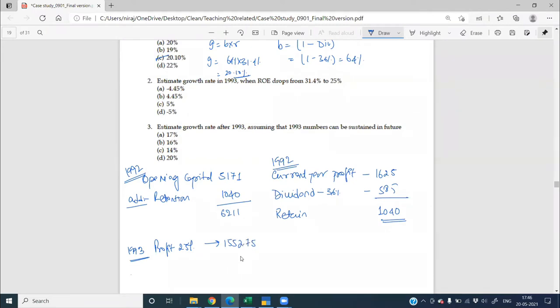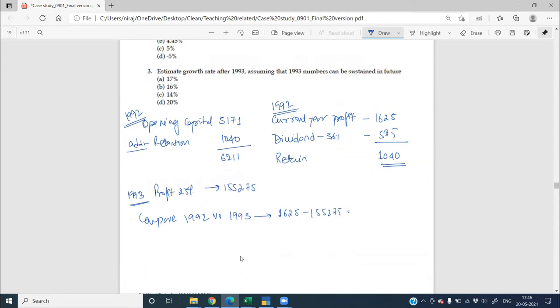Now if I compare 1992 versus 1993, what will happen? In 1992 I had earned 1625. In 1993 I have earned 1552.75. So what is the difference? 72.25.